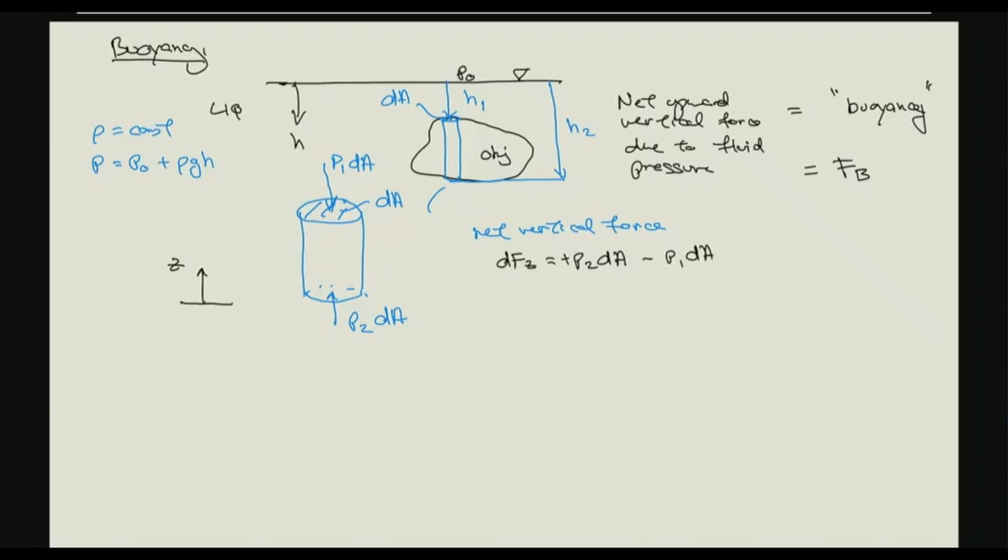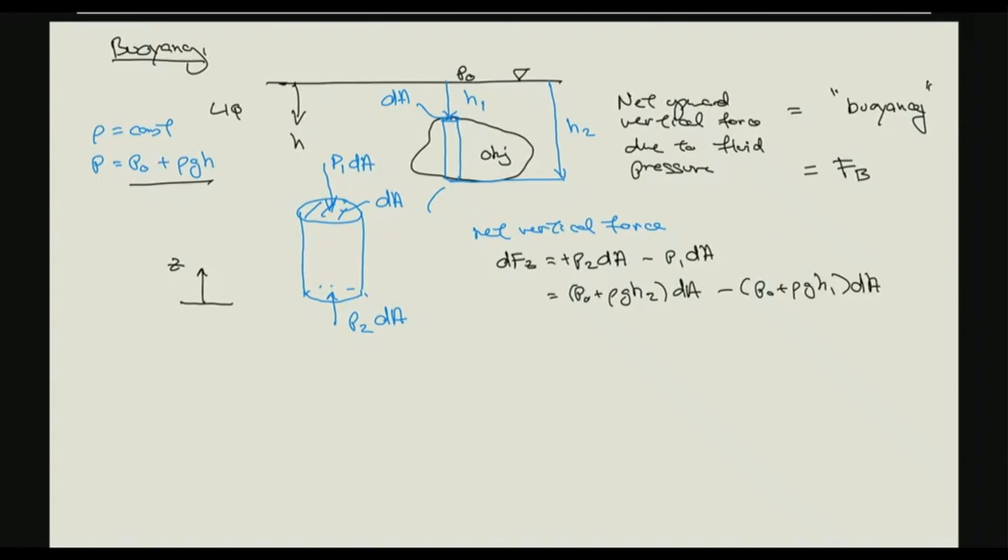Then we have the evaluation of the pressure at each location. P2 we can evaluate in terms of H2, so this would be P naught plus rho g H2 times dA, minus P1, which would be P naught plus rho g H1 times dA.